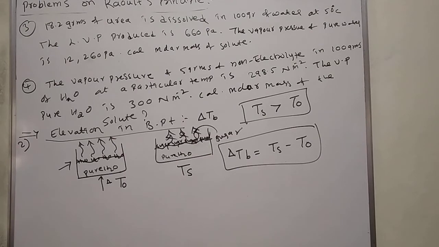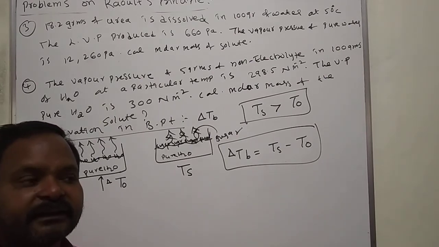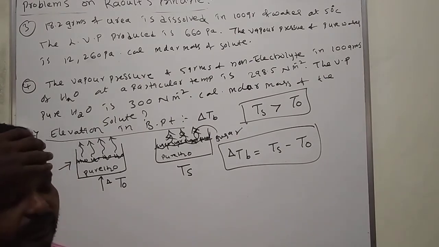That's why, in summer, we don't observe evaporation of seawater, but we observe evaporation of well water or pond water. That is one of the natural examples of elevation in boiling point. In continuation we'll see the relation between elevation in boiling point and molecular weight of the solute.